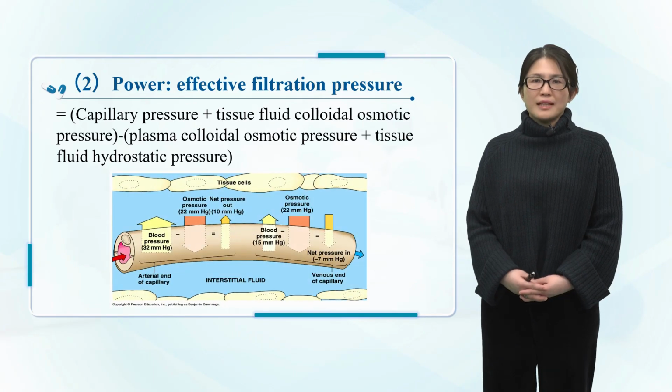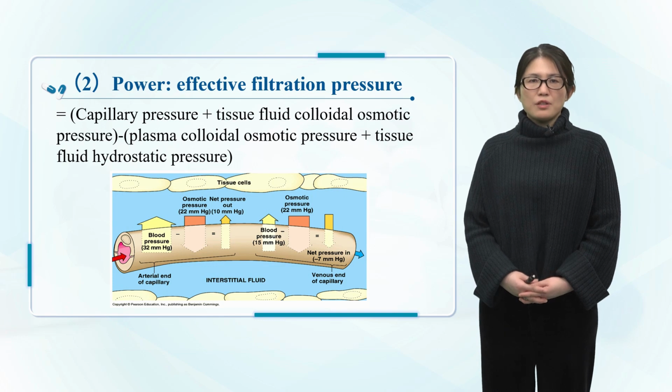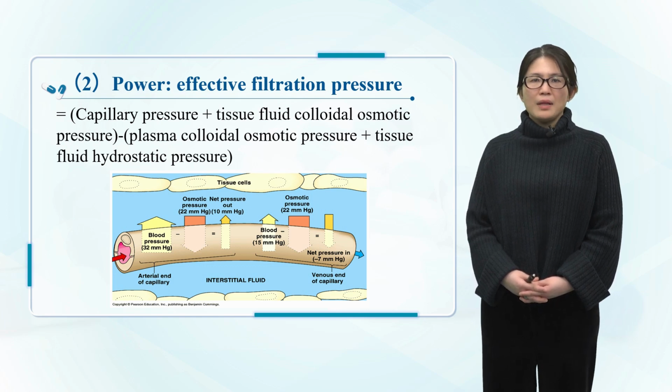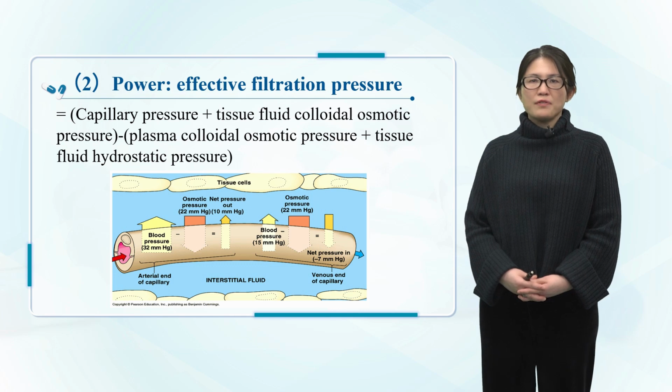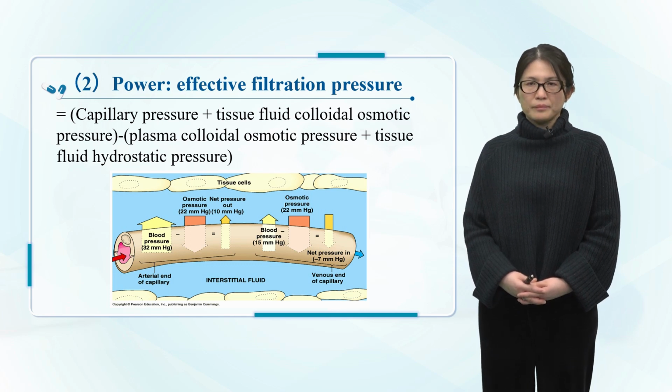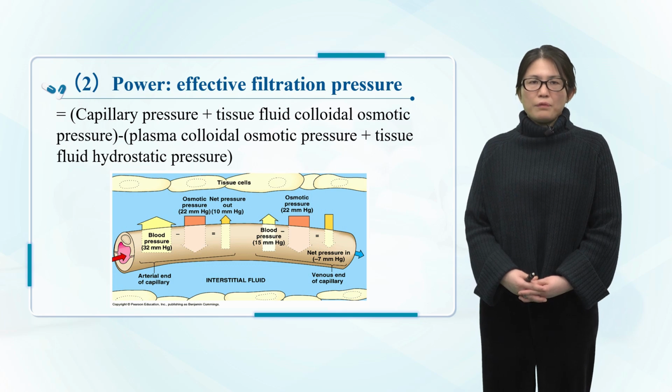Under normal circumstances, the tissue fluid is continuously produced from the arterial end of the capillary. At the same time, a part of the tissue fluid returns to the capillary through the venous end of the capillary, and the other part flows back into the blood circulation through the lymphatic vessels.